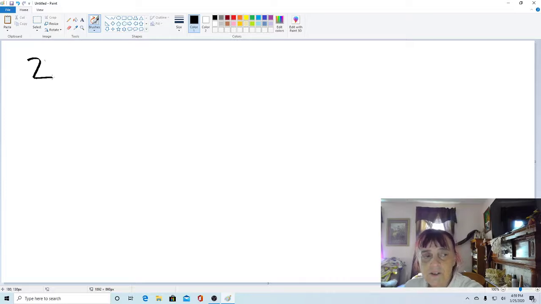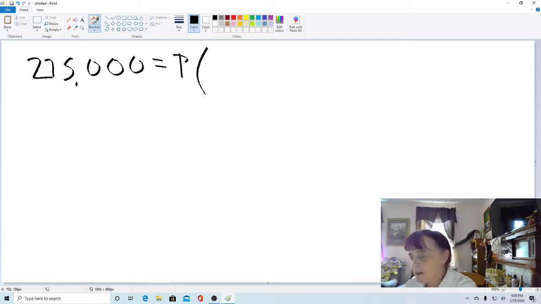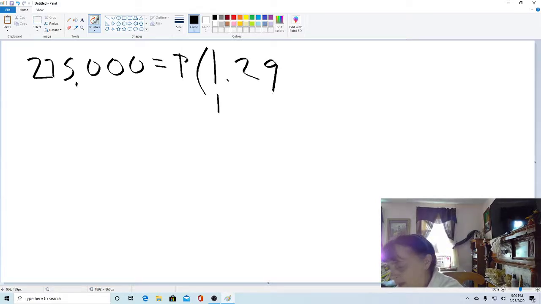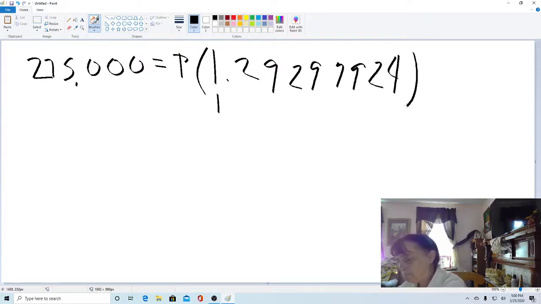So 275,000 equals P, and then you take that number, 1 plus 0.004291667 raised to the 60th power, and you'll have 1.29297924, and then you divide both sides by that number, and you get P by itself.